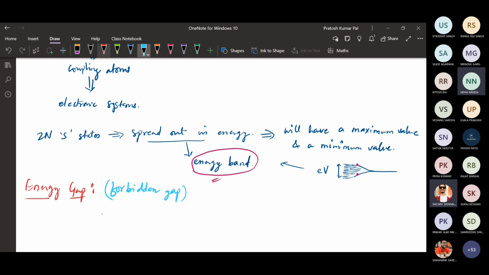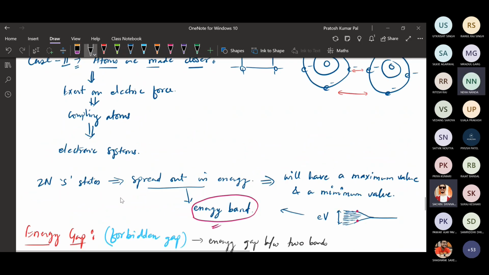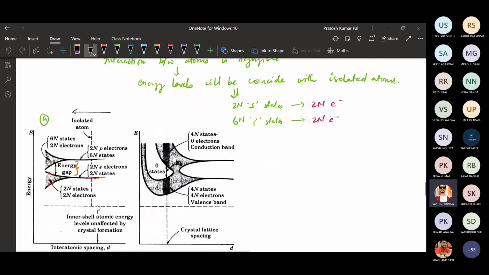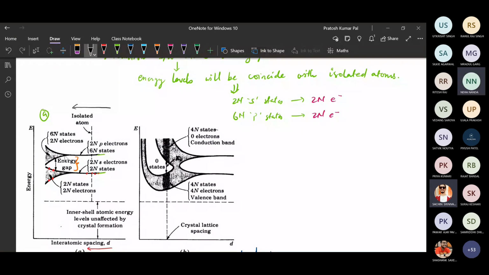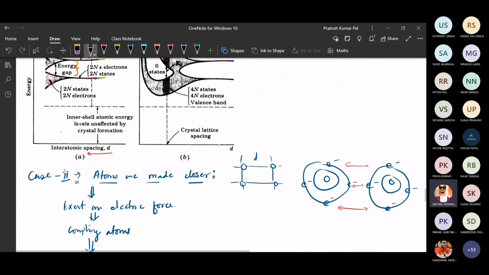This is basically the energy gap between two bands. Whatever gap lies between two energy bands, that is your energy gap. The difference of energy levels between two bands is called the energy gap.